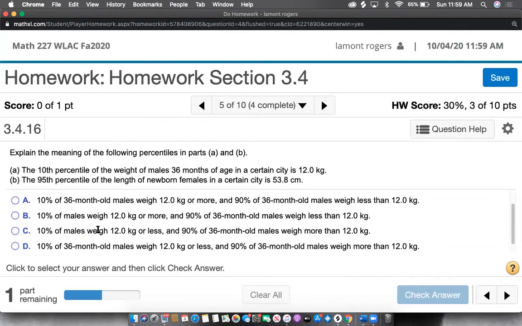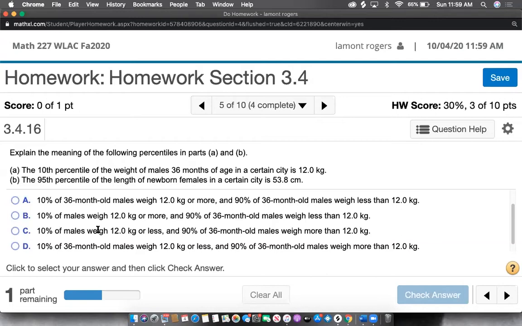All right, so for the 10th percentile, in this question it says 12 kilograms. The 36 months doesn't matter for this question, but that's who we're dealing with: males 36 months of age. We're talking about the weight, and the weight at the 10th percentile is 12 kilograms.